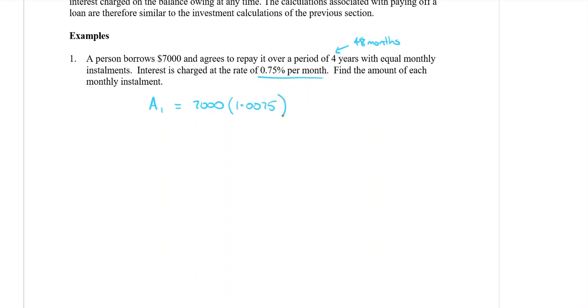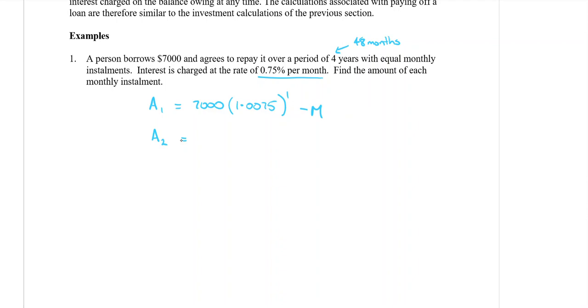This is only for the first month, so that's to the power of 1, because only 1 month has passed. At the end of that month, this is why I have to set it up differently, the person has to make a repayment. We're using M as our monthly repayment in this question, which is what we're going to be trying to find.